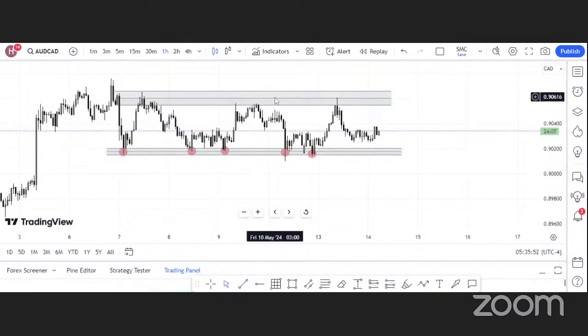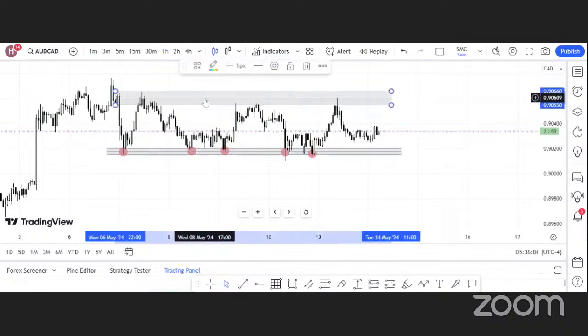And for resistance, we are expecting the market to buy to a resistance level and sell. Now, when the market gets to a support or a resistance level, another thing you need to pay attention to is your candle formation.